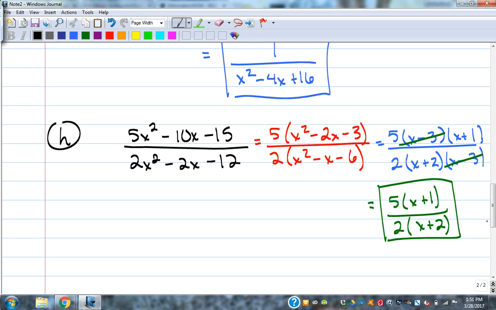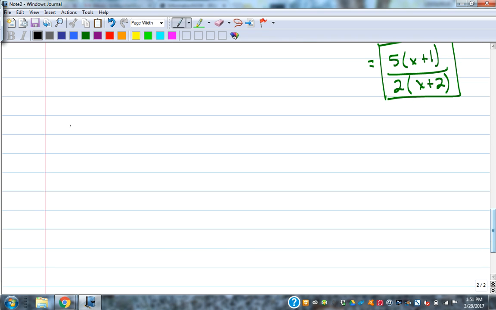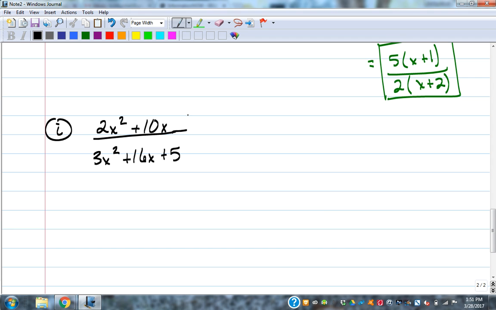Let's go. Let's get one more simplifying, and then we'll move on. We're going to multiply and divide as well today. All right, so 2x squared plus 10x over 3x squared plus 16x plus 5.